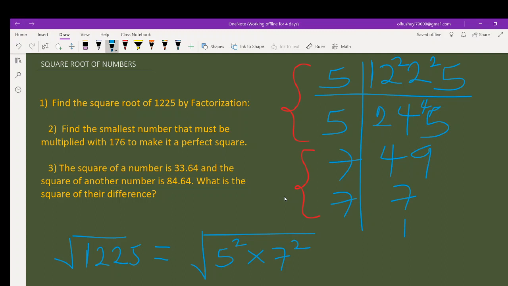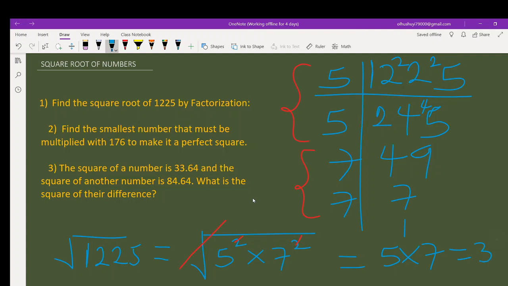You have expressed it in index form here. So what happens? Like I said initially, the square roots always cancel out the squares. So the answer becomes 5 times 7. And that gives us what?